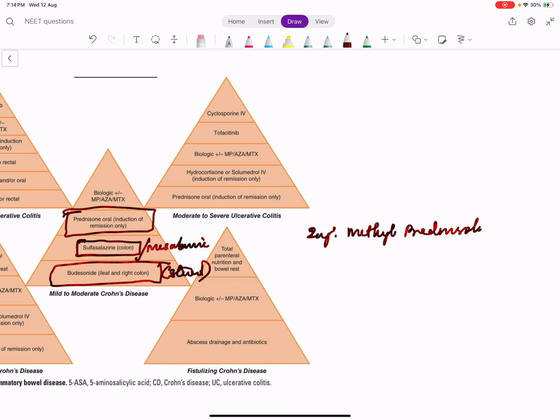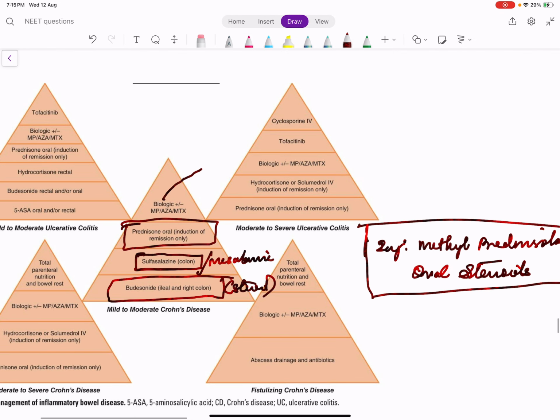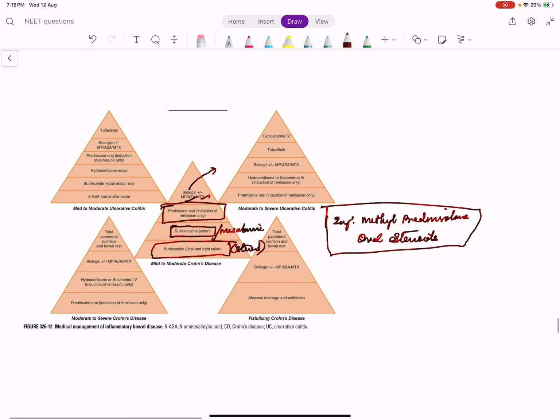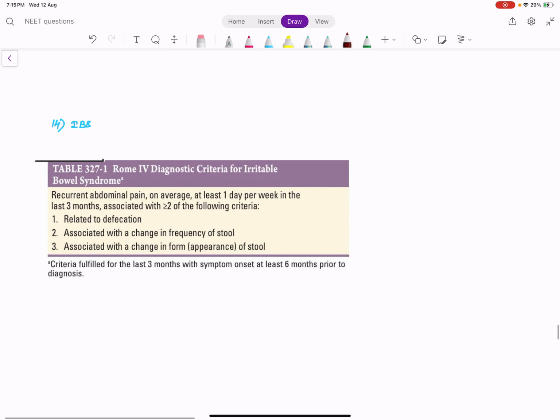Suppose when the disease is mild or in remission, we give oral steroids like prednisolone. Suppose the patient is not responding to injection or oral steroids, we are going to give biologicals, or second line drugs like methotrexate or azathioprine. So this is the summary of the entire thing. You can just go through it.